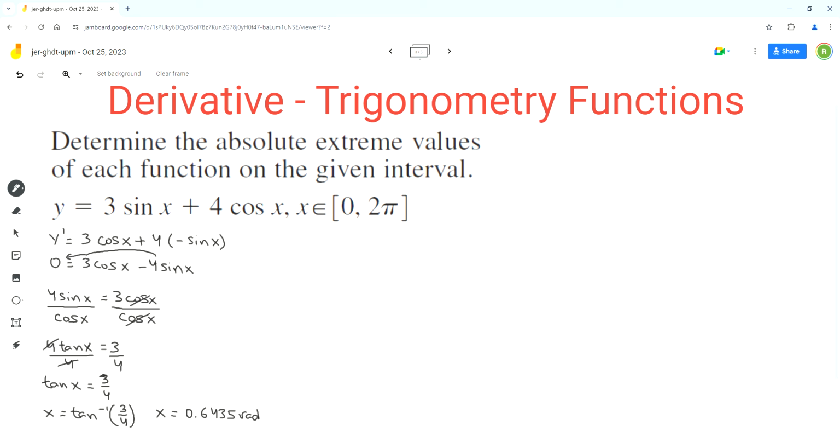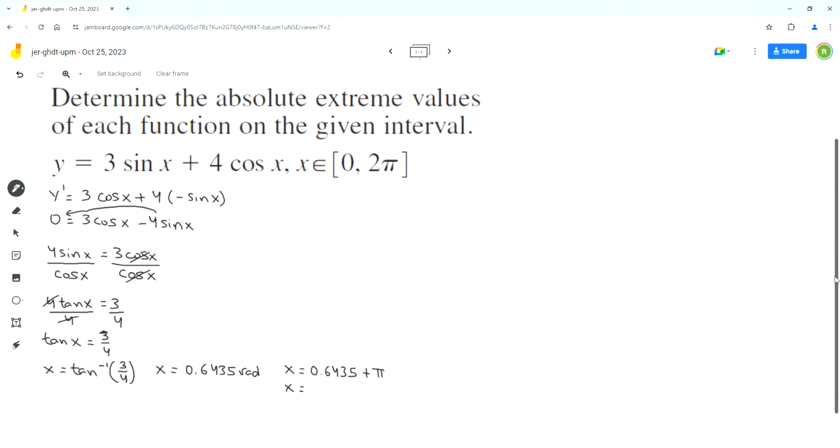In quadrant 3, the value will be pi plus 0.6435, and that is equal to 3.7851, and the unit is radians. So these are the two x values at which the derivative is equal to 0.